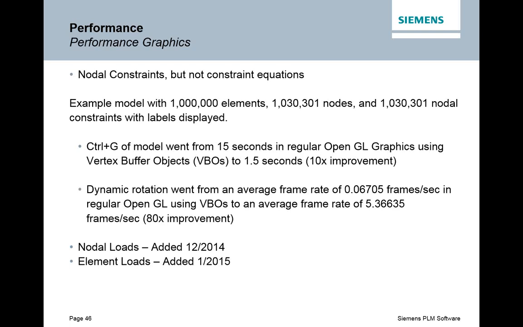And they keep adding more and more entities that are rendered using performance graphics with each release. So now if you have nodal loads, say lots of different point forces on your model, they'll be able to render much more quickly now that they've made them compatible with performance graphics.